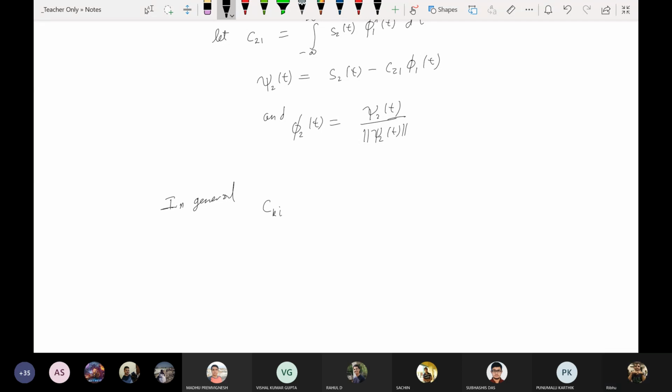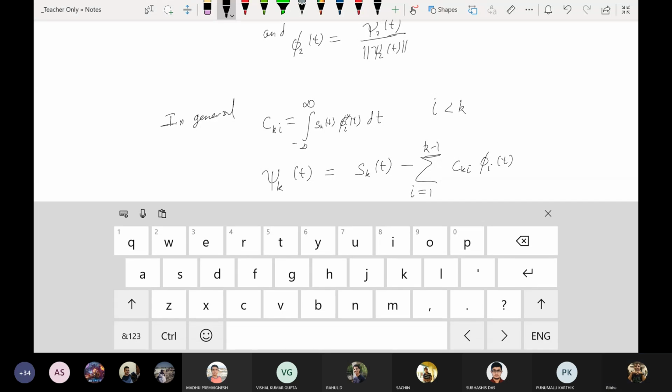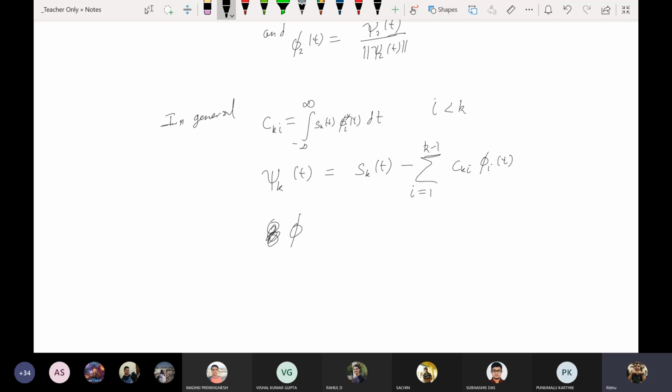C_Ki, for i less than K, equals the integral from minus infinity to infinity of SK(t) phi_i(t) dt. psi_K(t) equals SK(t) minus the summation for i from 1 to K minus 1 of C_Ki phi_i(t), and phi_K(t) equals psi_K(t) divided by the norm of psi_K(t).